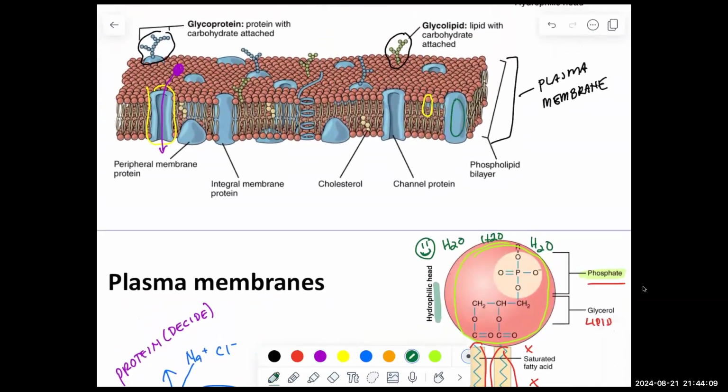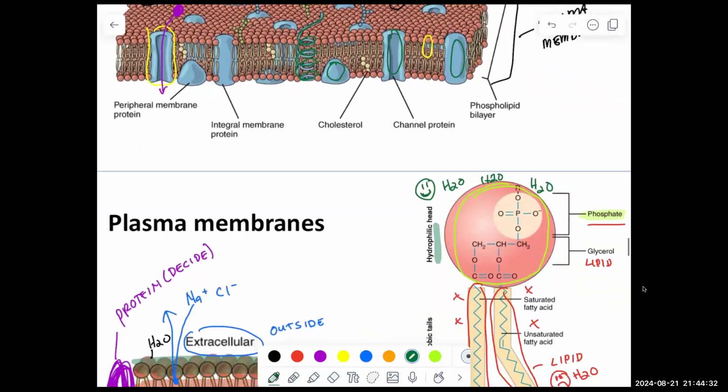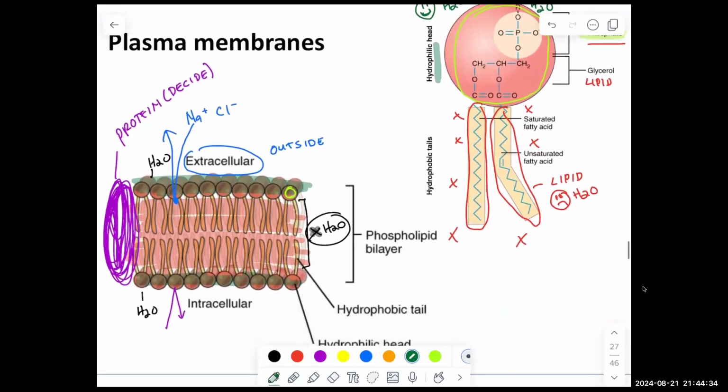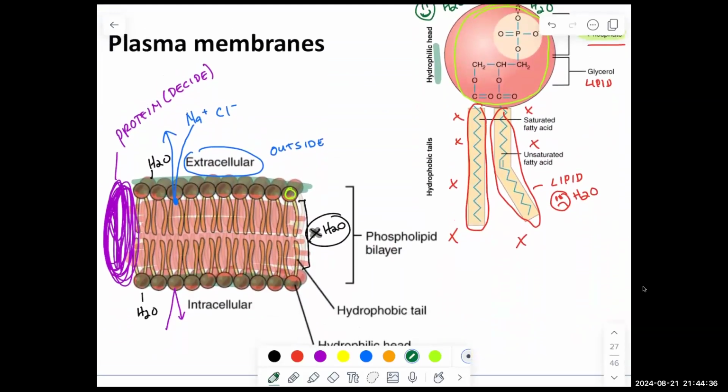This is a protein, this is a protein, this is part of a protein, even this little squiggly spiral thing is a protein. They are deciding what gets to go in, what gets to go out. How does the inside communicate with the outside? So the phospholipid membrane makes the barrier, and the proteins allow for communication to occur, for things to come in and out of the cell. Plasma membranes.